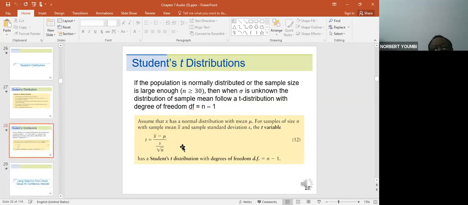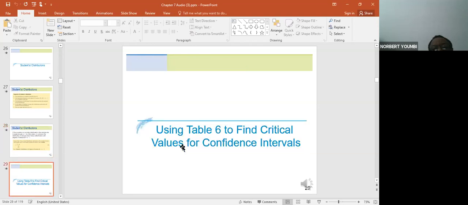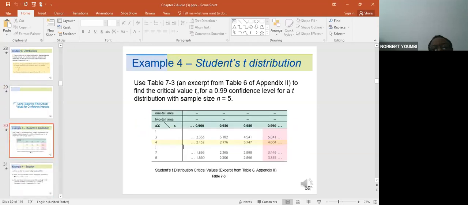Here, to find a confidence interval, we still require either that the population be normally distributed or the sample size be large enough. Then, if sigma is unknown, we use the T distribution with degrees of freedom n minus 1. So this is how we use the T distribution table, for those who are not using their calculator, to find TC.